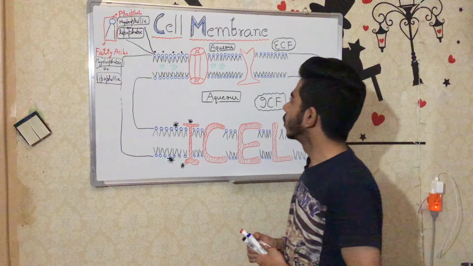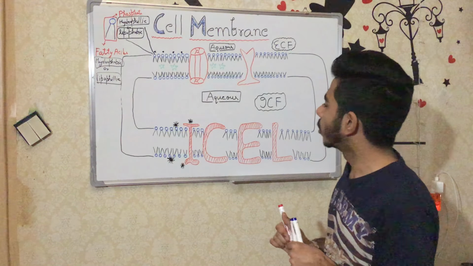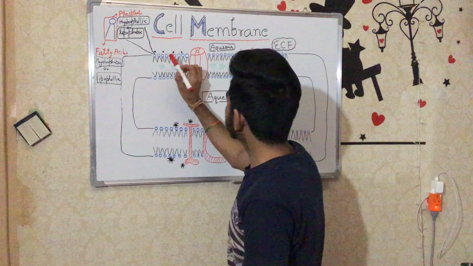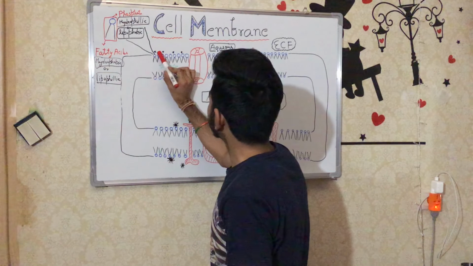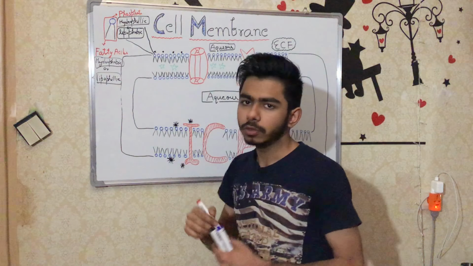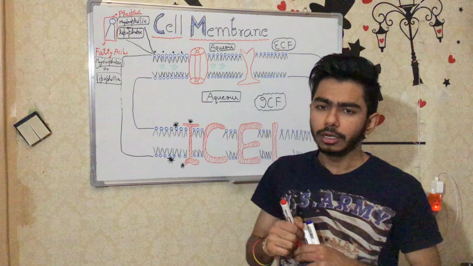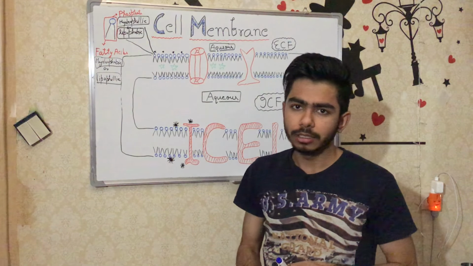Now, this was about the phospholipids. Also, one more important thing about the phospholipids is that the upper leaflet of phospholipids with their phosphate groups and the lower leaflet are not identical to each other.